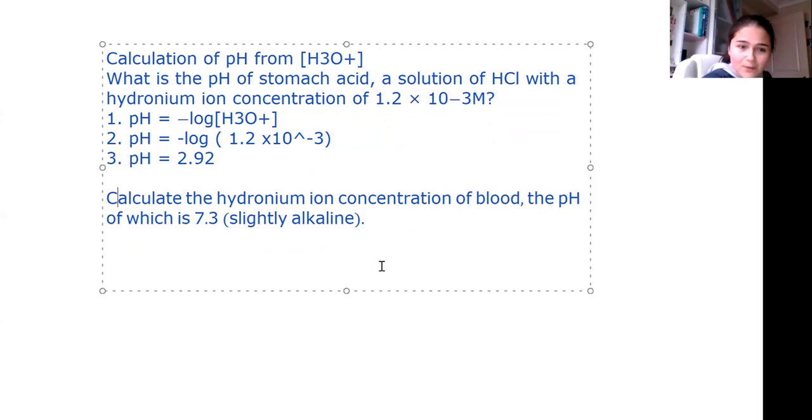Anyway, so we have question 2, which is calculate the hydronium ion concentration of blood. The pH is 7.3, so we can see it's slightly alkaline, which is really nice for the question. It tells you that it's basic, right? Because alkaline substances are basic. So this question is actually the opposite.